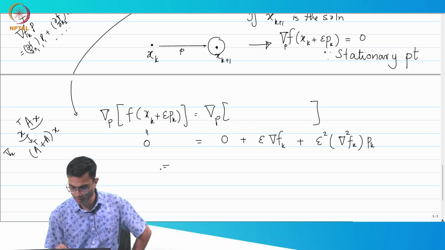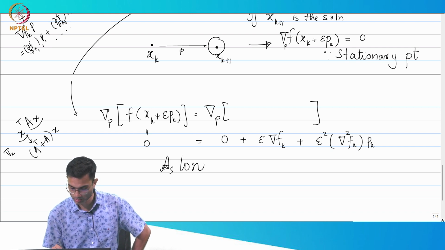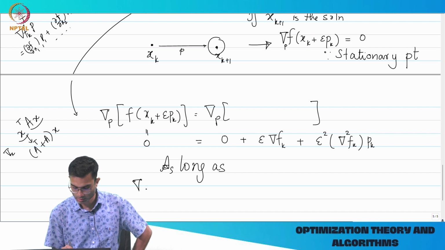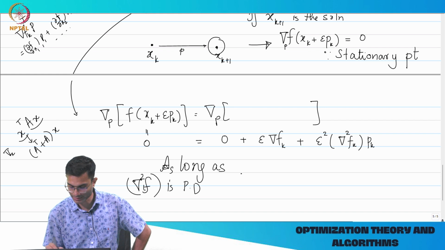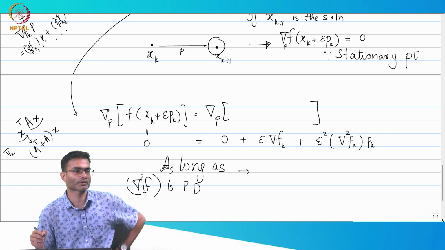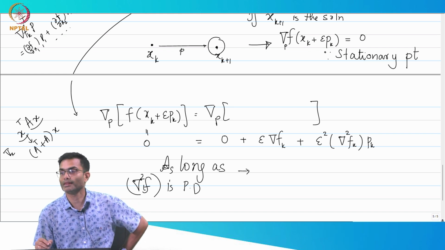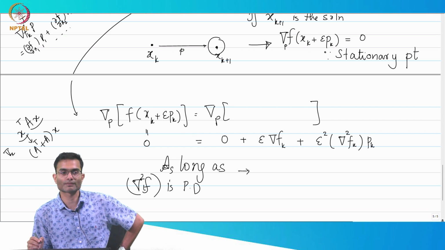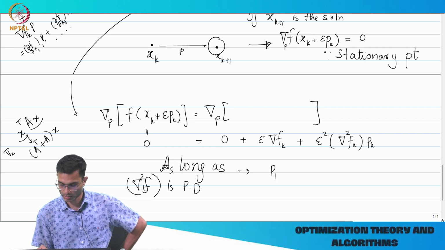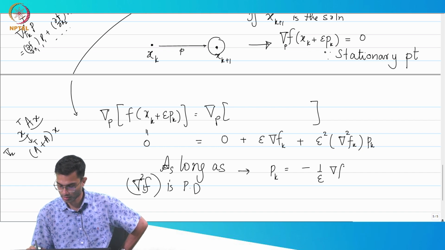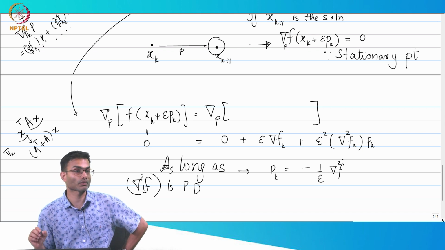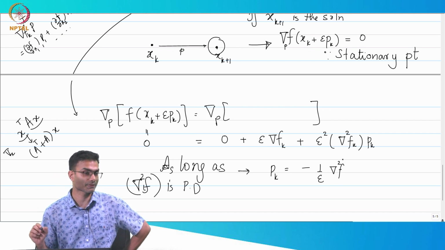So as long as Hessian is positive definite, it is legal for me to invert this expression. If I left multiply by Hessian inverse, what will I get? Remember, these are matrices now, matrices and vectors, we are working with that, right?